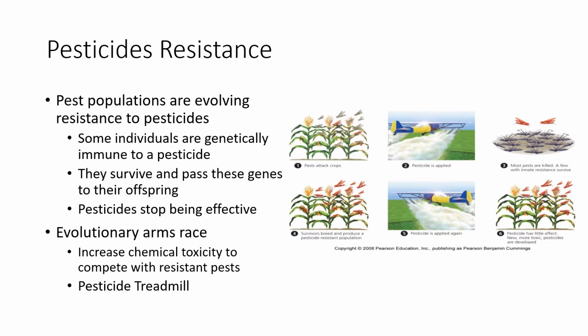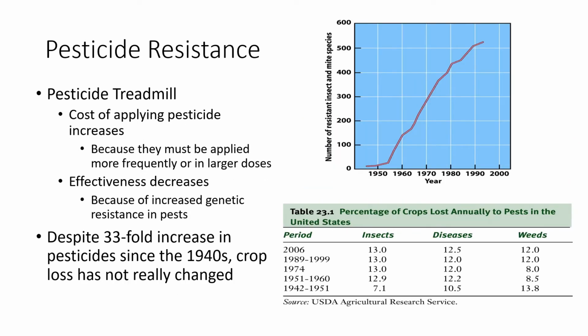It's just natural selection, or really it's artificial selection because we're the ones that are driving it. But anyway, pesticides stop being effective. And so either we have to increase the chemical toxicity or apply more so that the resistant pests will die. And we call this the pesticide treadmill because it keeps happening over and over and over again.